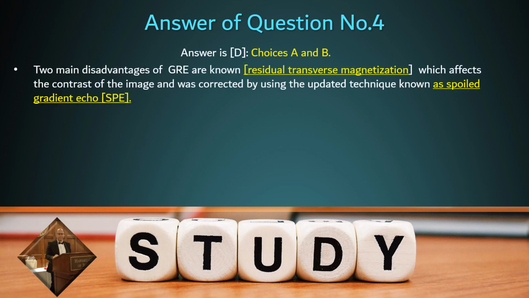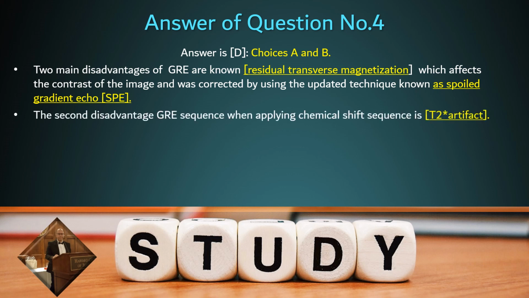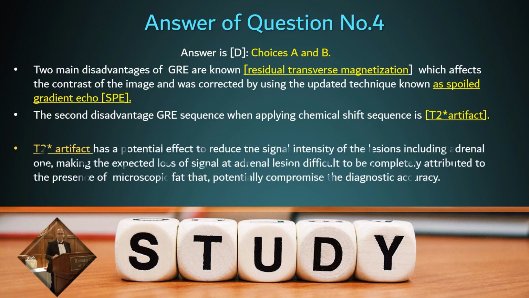There are two main known disadvantages of the gradient sequence. One we have already discussed, which was residual transverse magnetization, which affected the contrast resolution of the image and was corrected by using the updated technique known as spoiled gradient echo. Another disadvantage of the gradient sequence when applying chemical shift is what we call T2 star artifact.